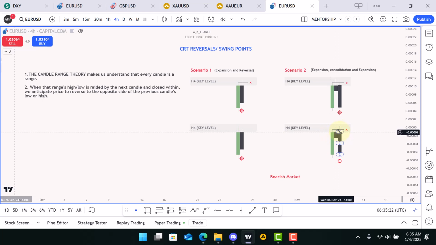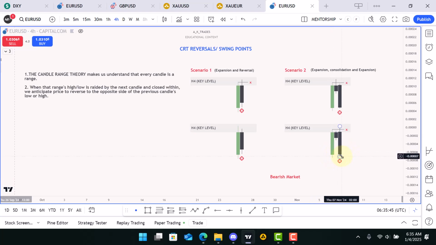It opened and then raided both candle 1 and candle 2's high and then closed within the range, that is candle 1's range. This is what we are looking to trade. Price reverses into our 4-hour external range liquidity.